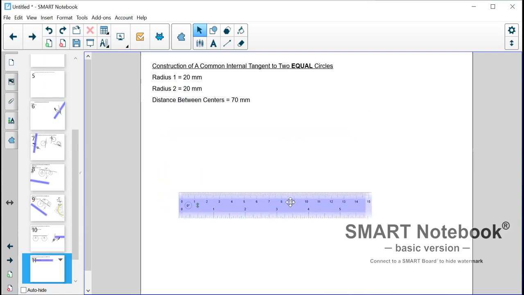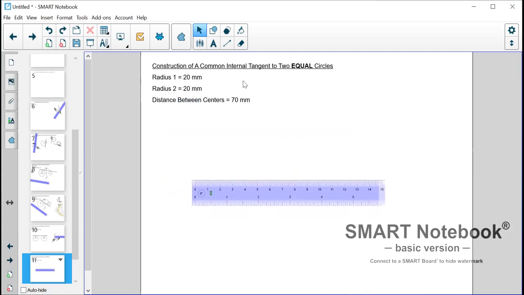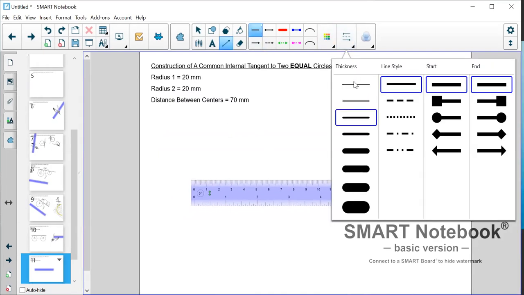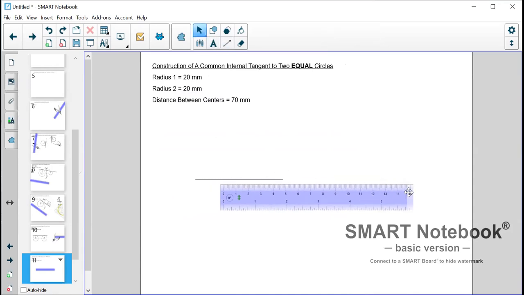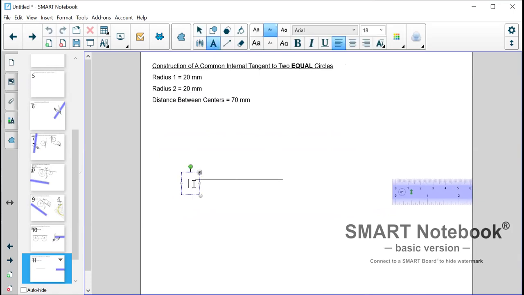Step one, you have to obtain the distance between the two centers. So we simply draw that line, 70 mm long, and we label it AB.